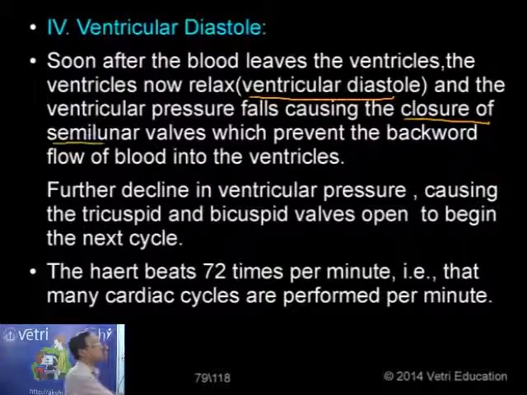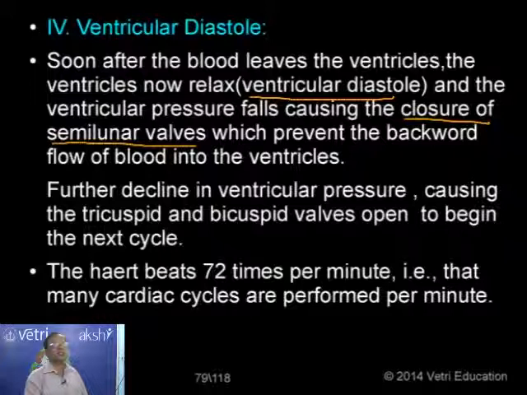So when the pressure is increasing in the ventricles, the atrioventricular valves are closed. When the pressure is decreasing in the ventricles, the semilunar valves close. This is to prevent the backwash of blood from the two blood vessels into the respective ventricles.